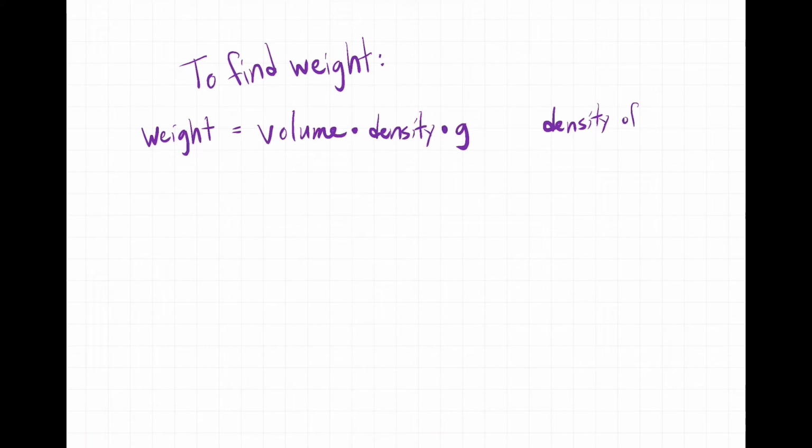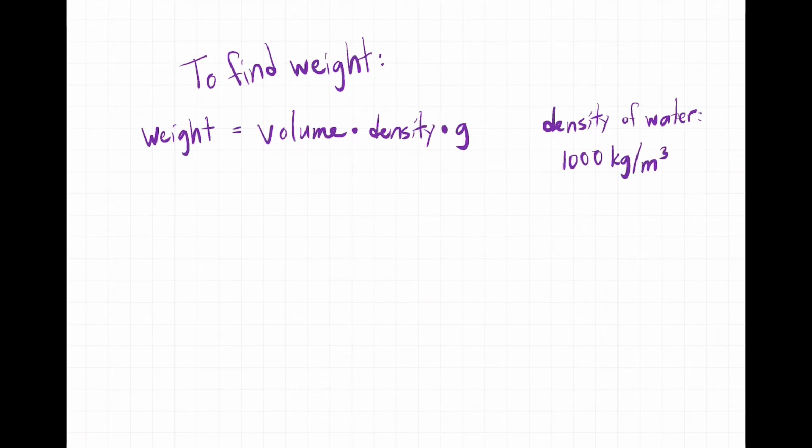But you'll take volume, you can multiply this by density to get mass, and multiply that by g, the acceleration due to gravity, to get weight. Okay, and recall that the density of water is 1,000 kilograms per cubic meter.